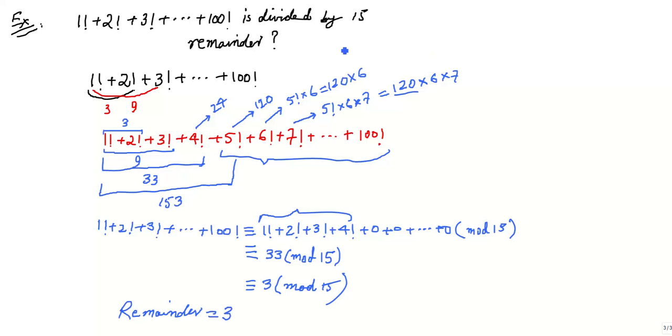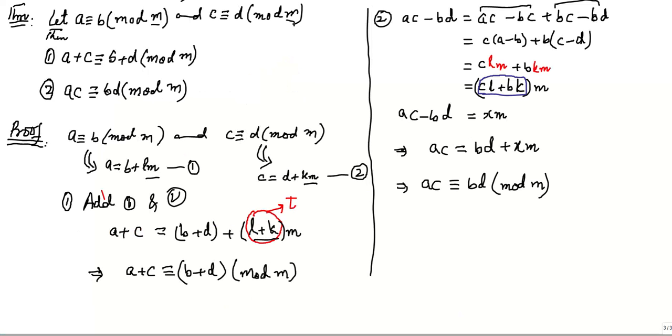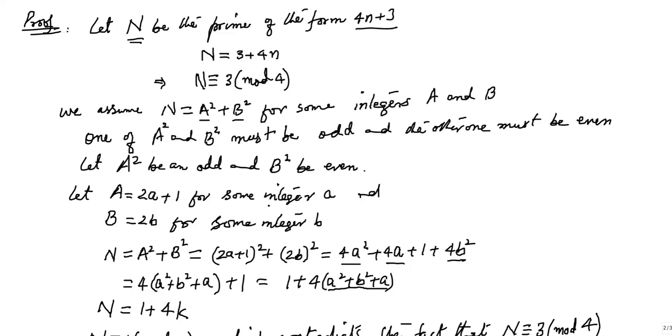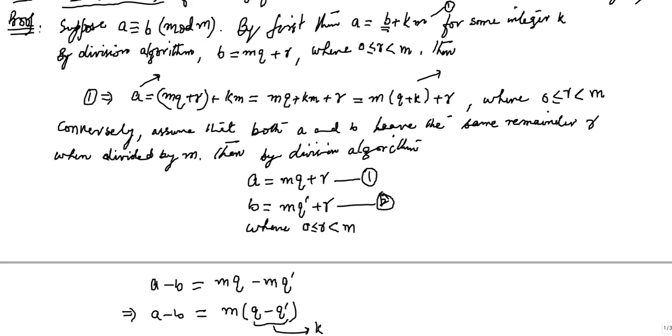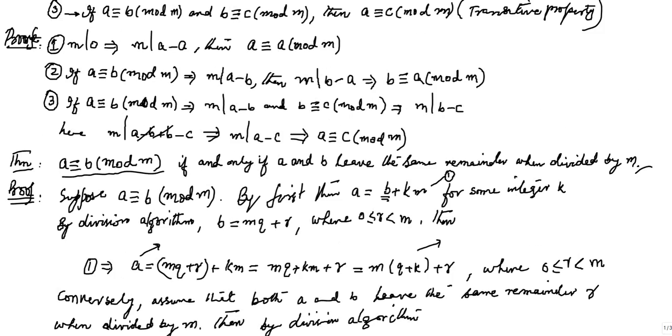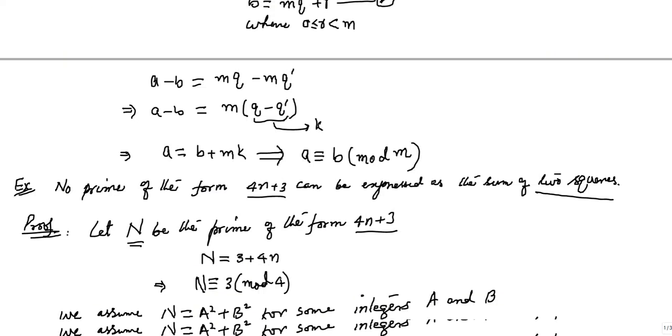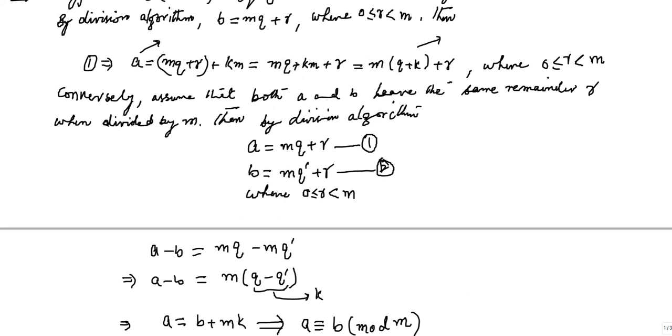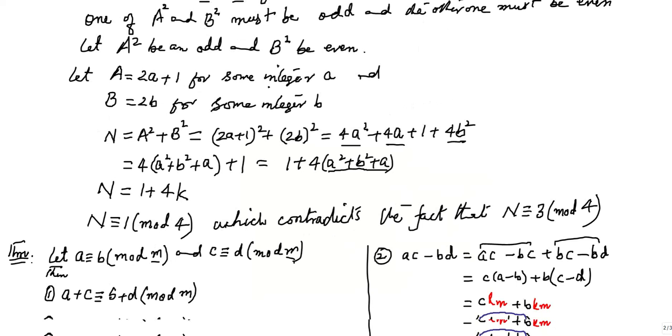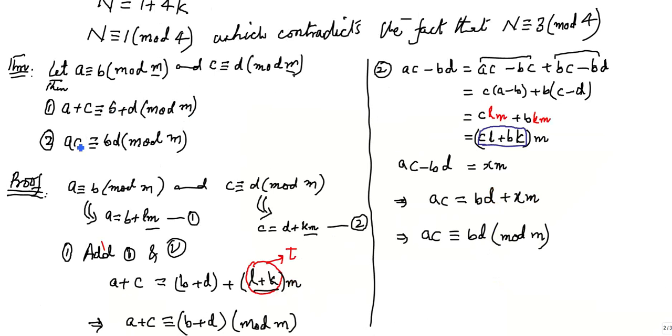Okay. After completing this example, let me recall a result that is related to congruence. Let A be congruent to B modulo M and C congruent to D modulo M. This result is also valid, and you can consider it as a corollary.